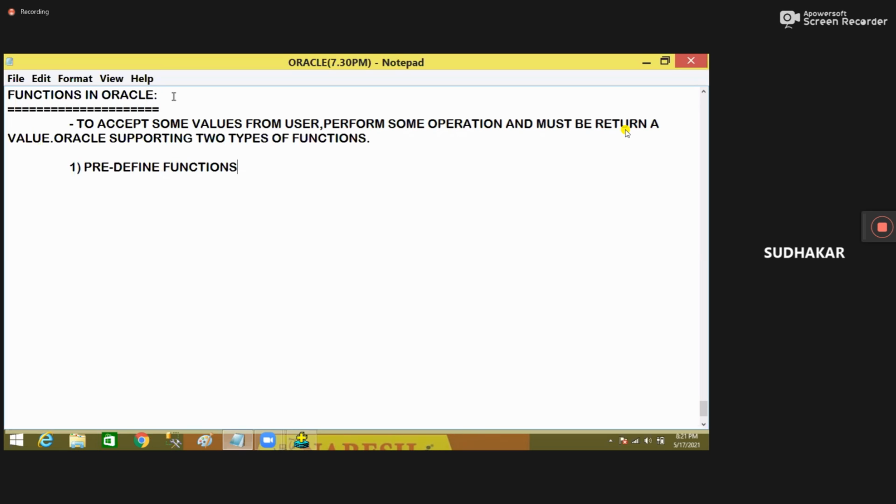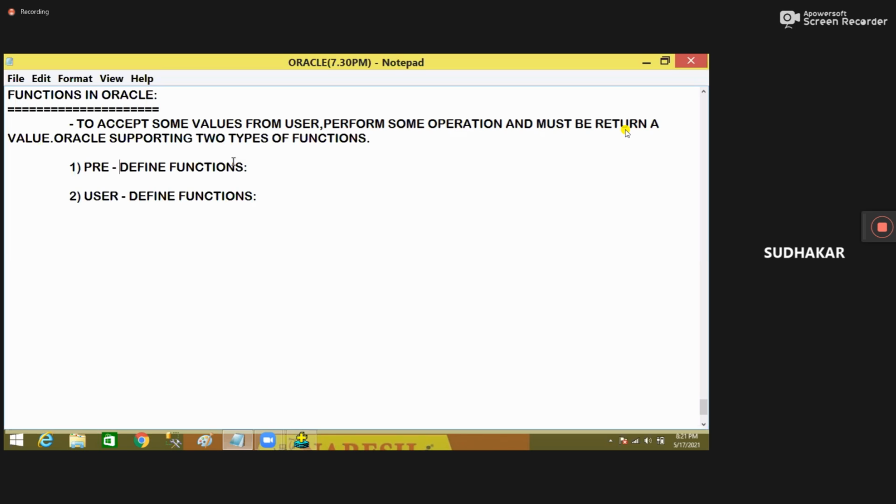This is one category of function, and the second category is called user defined functions. This is the second category, guys. So predefined and user defined, these are the two types of functions supported by Oracle.